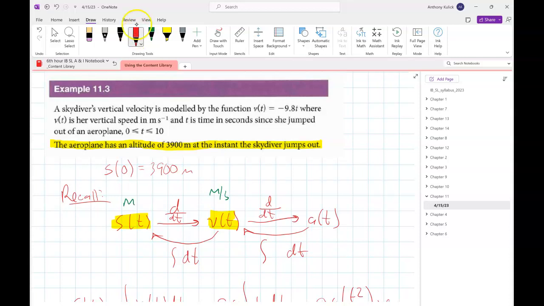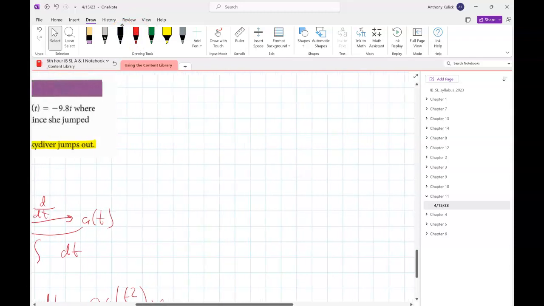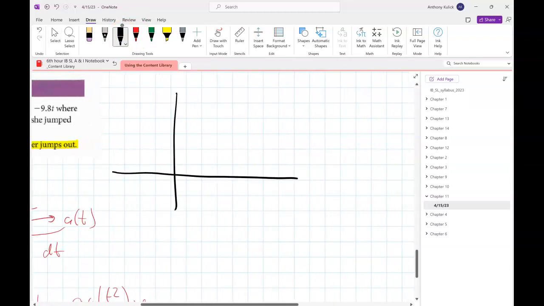The way to think about that is, and we'll get to this topic in the future, if I think about the graph of this function, it's like that. So this axis is t.